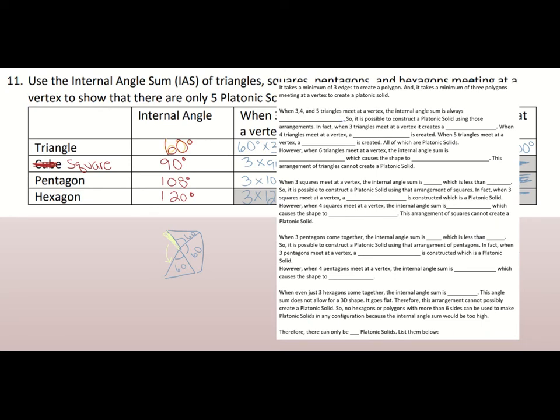Okay, so it takes a minimum of 3 edges to create a polygon. Notice that we started with a triangle, because that is a 3-sided figure. Then we went to the 4-sided figures, then the 5-sided figures, then the 6-sided figures. And it takes a minimum of 3 polygons meeting at a vertex to create a Platonic solid. Look at the table.